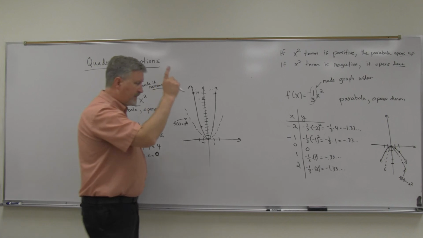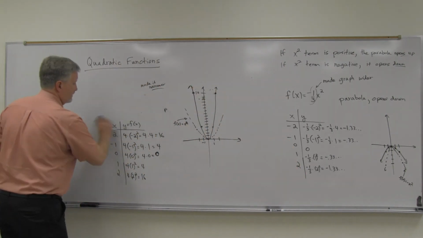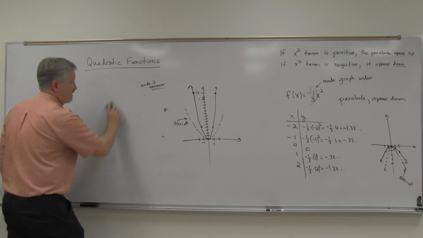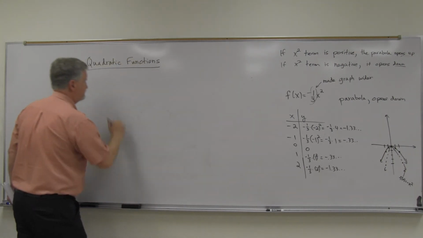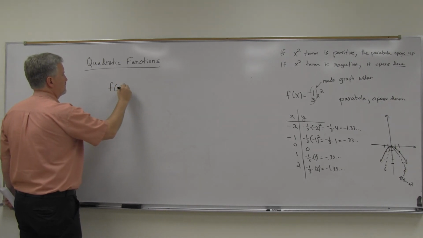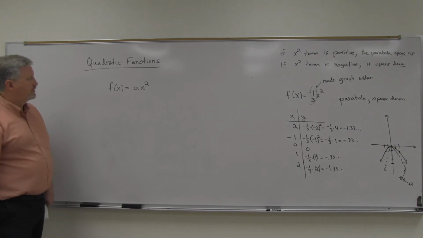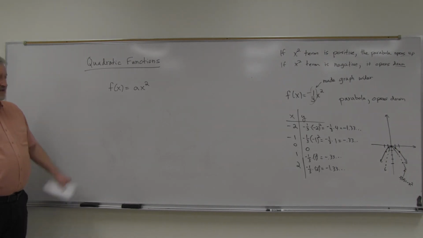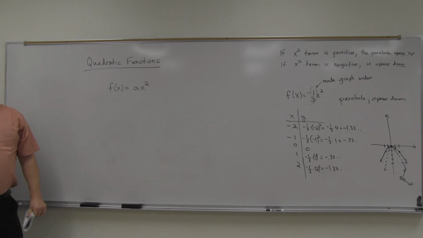Now, this brings up another point here. Let's call that number right there a. ax squared. That's pretty standard. You've probably seen it called that before. Call that number in front ax squared.